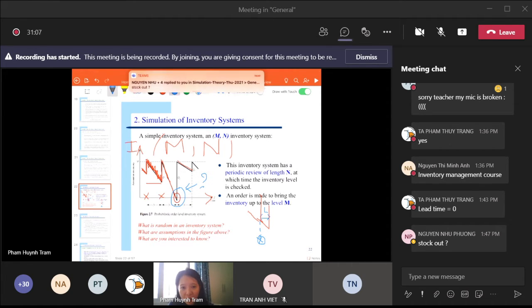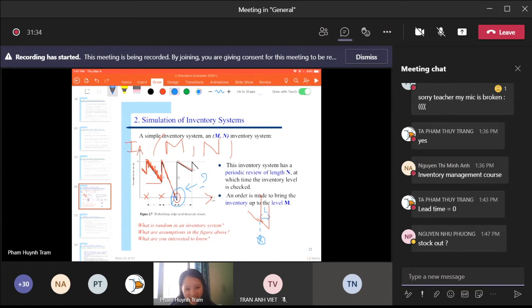We have customer demand, but we don't have stock to sell, right? And it happened before we review our inventory level. So it happened somewhere here. So we are so unlucky, and we have to wait until the review to realize our stockout situation. And then we will place an order that compensates for our stockout a few days ago.